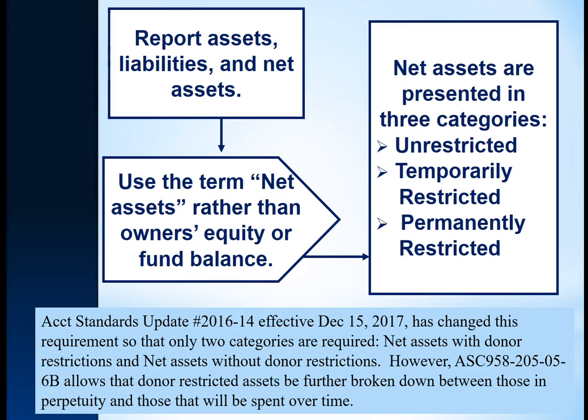And in the book for the homework, they require that you use the three categories. However, for the quiz, you should remember that there are only two categories starting in December 15th, 2017, which is donor restricted and without donor restrictions.